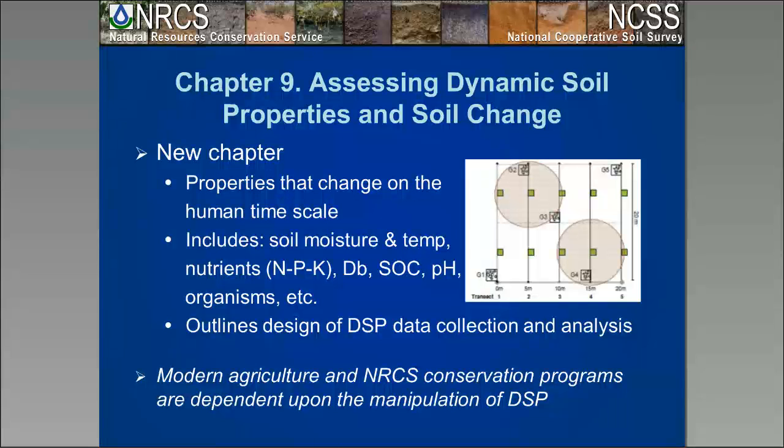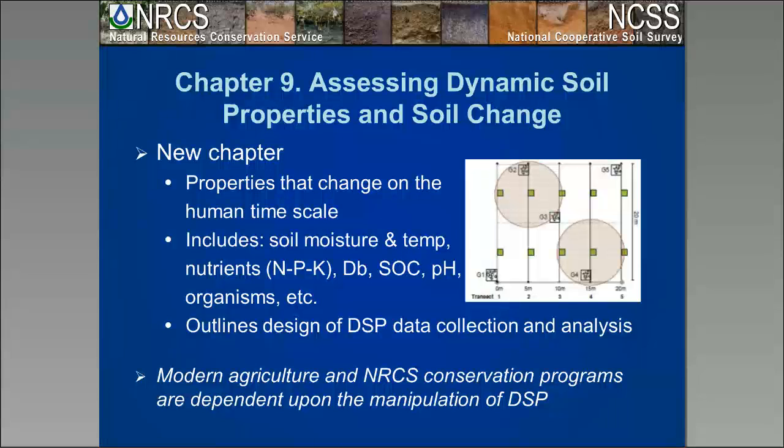And I was always very much intrigued by this and excited because all of modern agriculture and our NRCS conservation programs are dependent upon the manipulation of dynamic properties. If you think about that, if you're fertilizing, you're manipulating a dynamic property. If you're irrigating, it's a dynamic property.